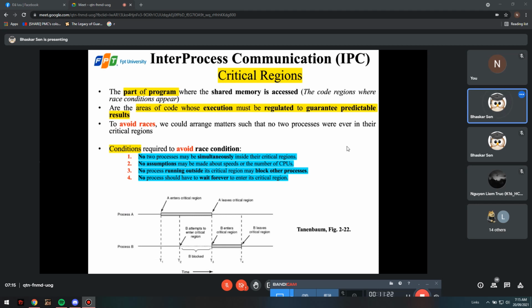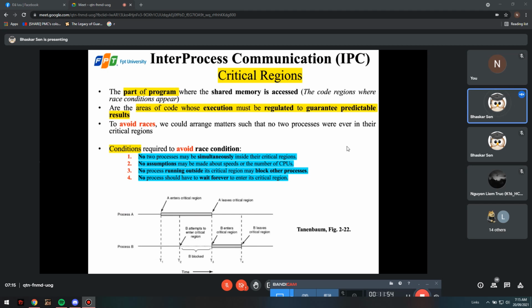A critical region, well, right from the beginning, I must say that it can be looked at or explained from two different perspectives. The basic thing is still the same, but these are different perspectives. One from the perspective of the resource, and one from the perspective of a process.